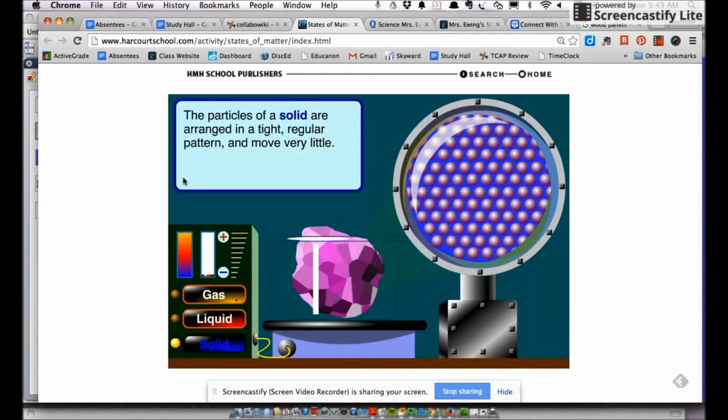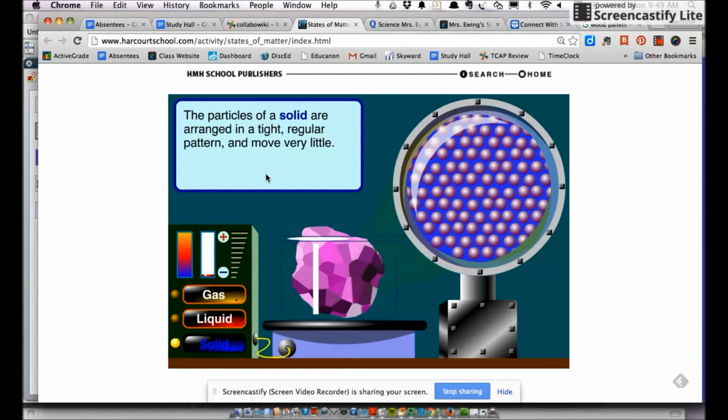And if you look right here, you can see they're in a pattern, aren't they? One of the things about a solid is that the particles of it are locked together in a fixed pattern. Now, the pattern that they're locked in depends on what the solid is made out of, okay? They kind of remind me of soldiers, all lined up nice and perfectly.